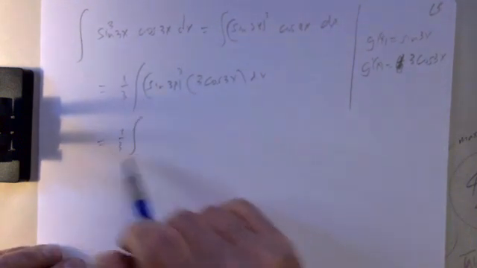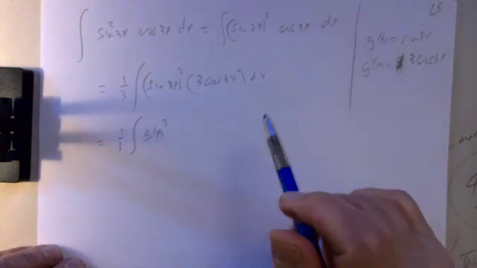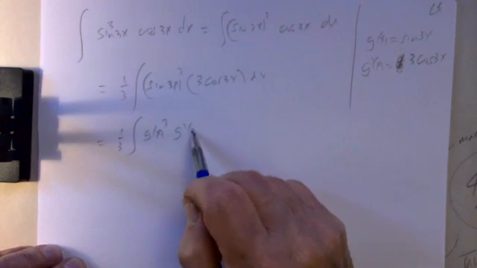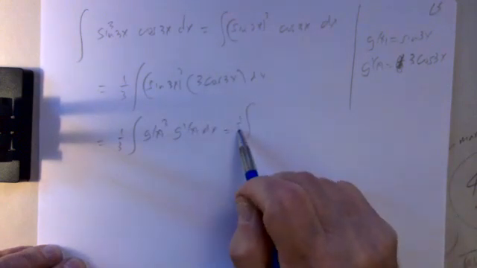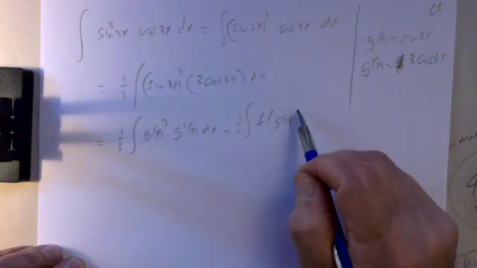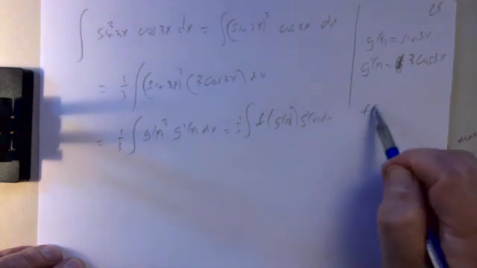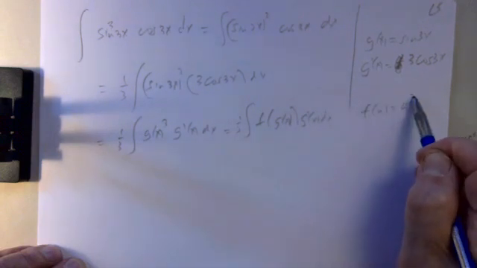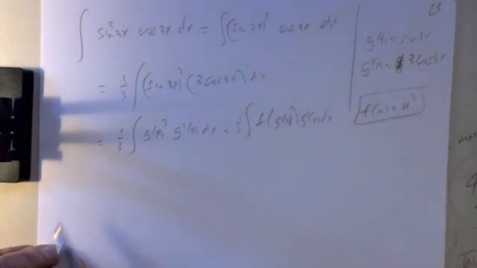This is 1/3 the integral of g of x cubed g prime of x dx. So this is 1/3 f of g of x times g prime of x dx, if f of u is just u cubed. So f of g of x is g of x cubed, sine 3x cubed.